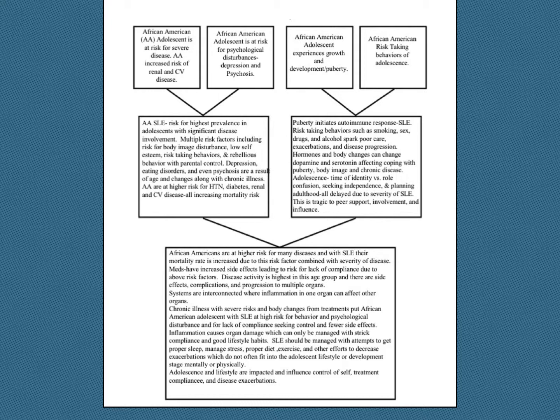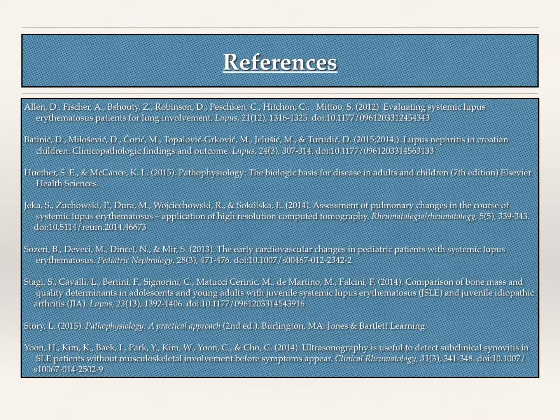You put those two together in the middle to describe the African American risks, and then the bottom box puts the scope of the disease together with the severe disease, the psychological disturbances, and then you add in the growth, puberty, and the risk-taking behaviors. So that's how I put together the care map. Here are my references. Thank you so much.